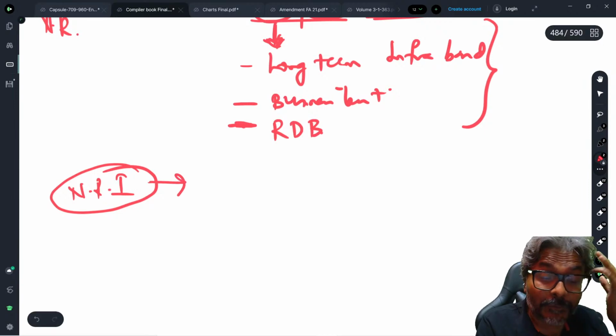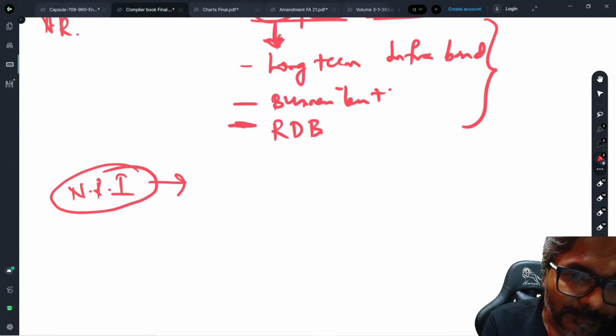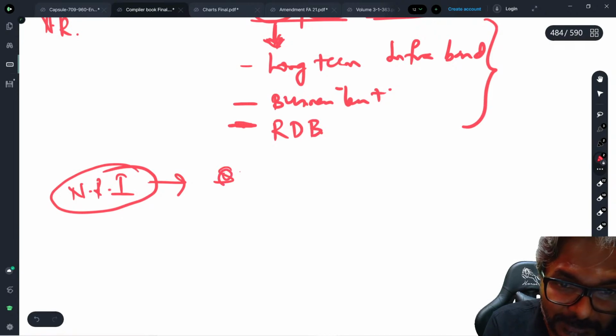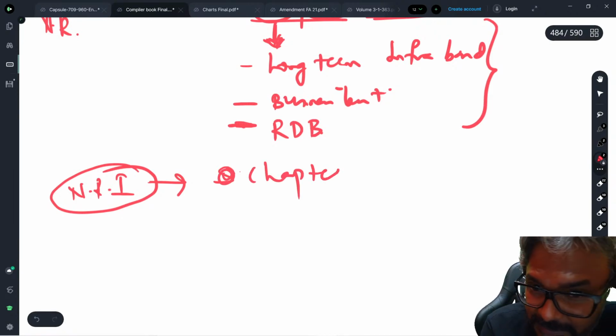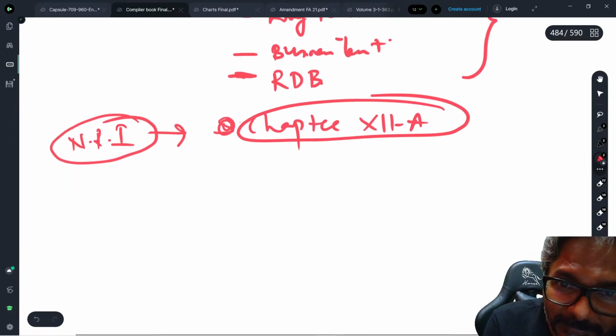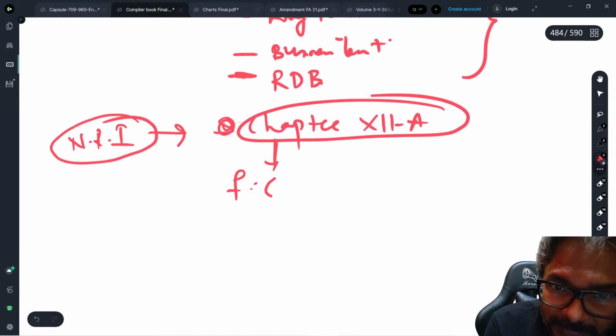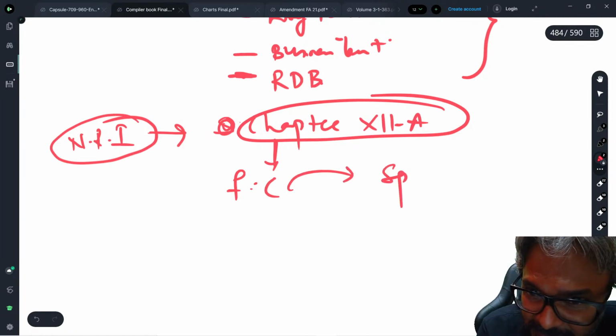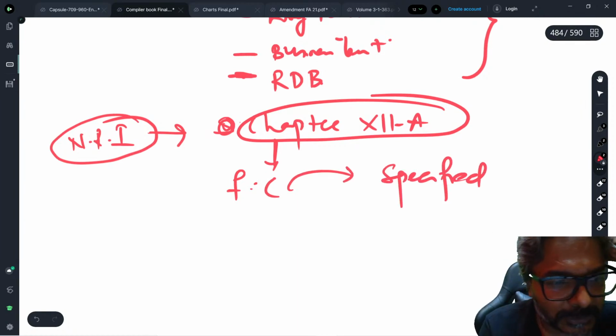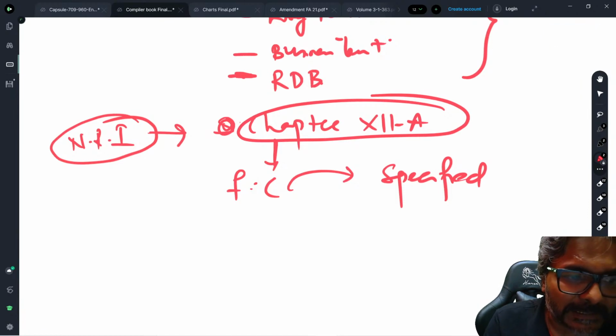NRI, I've told you in the morning also, there is a special chapter, chapter 12A. Now in chapter 12A, if you remember, if you utilize the foreign currency to purchase a specified asset.